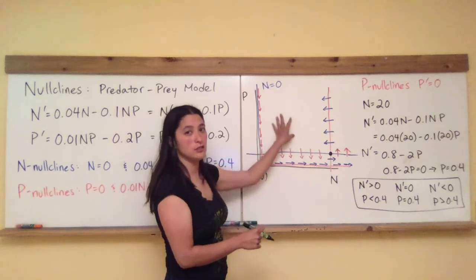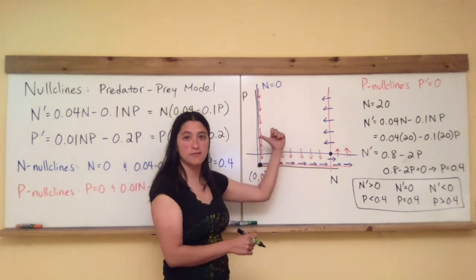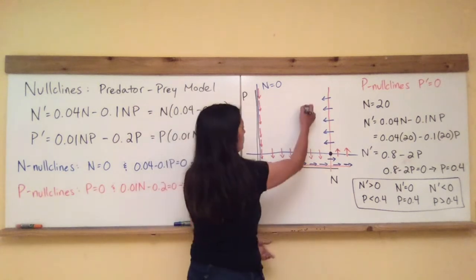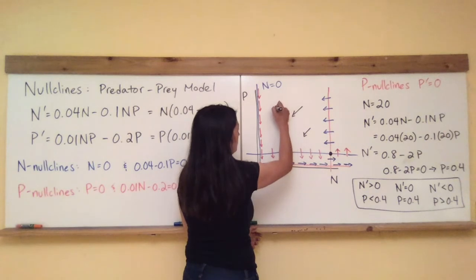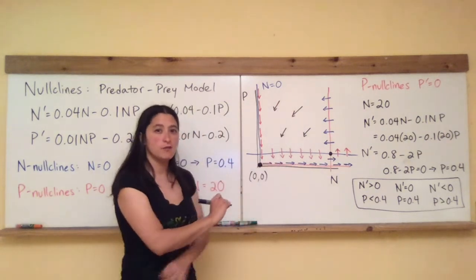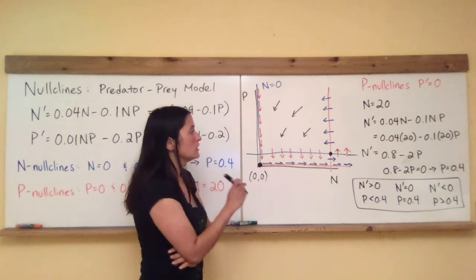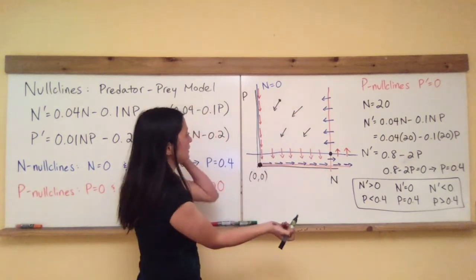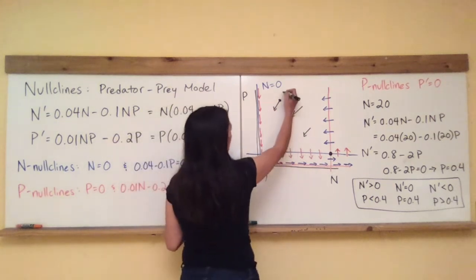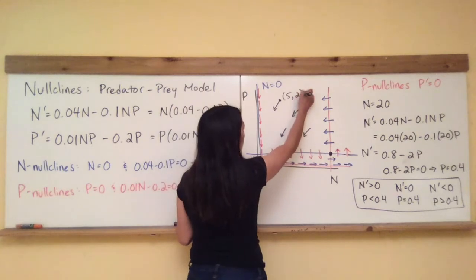But in the region that's not on a nullcline, there's going to be some combo of to the left and down. So it's going to look like this, in different ways. There could be different combinations of it, and really I couldn't figure out exactly what these vectors look like by picking a point. Let's say that I picked a point like this where maybe n is equal to 5 and maybe p is equal to 2.